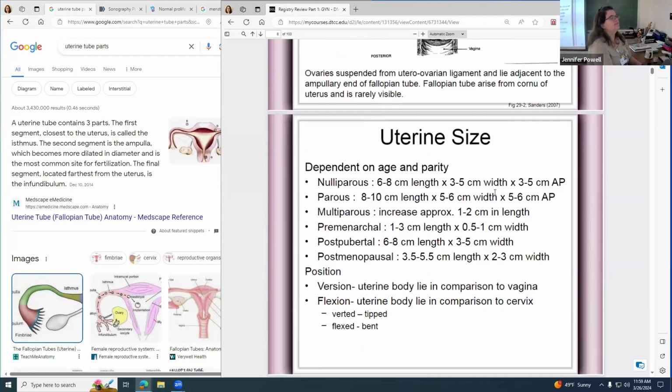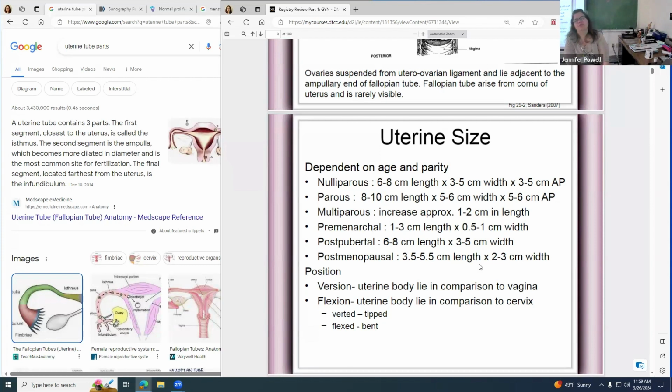Uterine size is dependent on age and parity, and everybody knows parity means how many children, live births? Actually there's a caveat, because even if it's a stillborn baby over 24 weeks, that still counts. I'm sorry, I'm getting my terms mixed up.